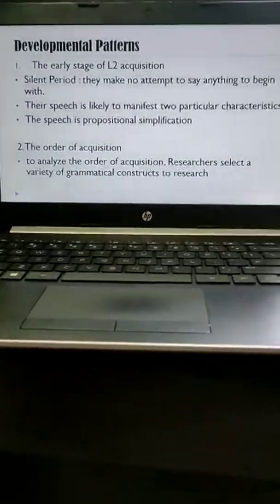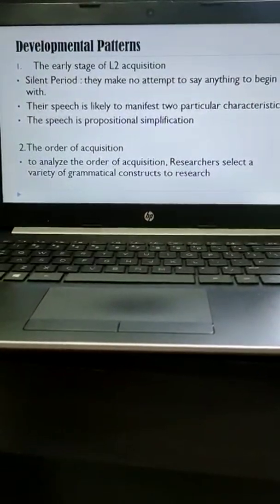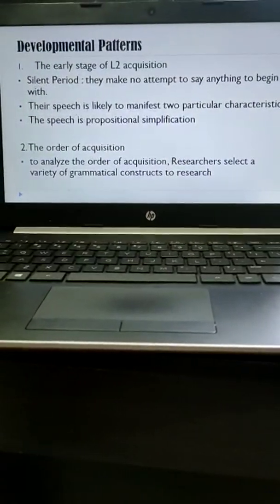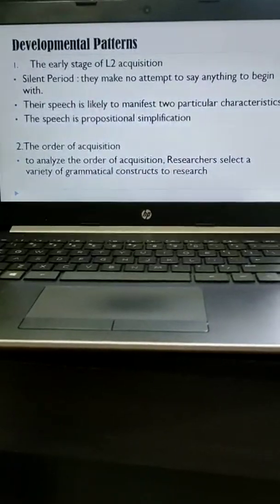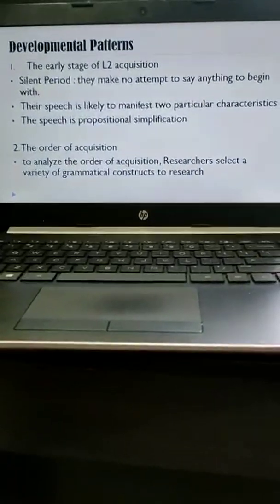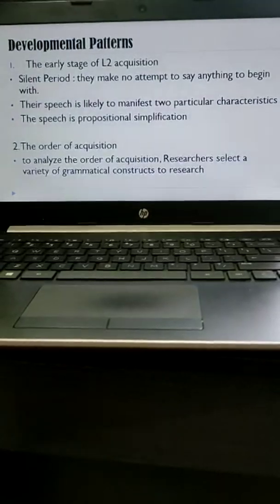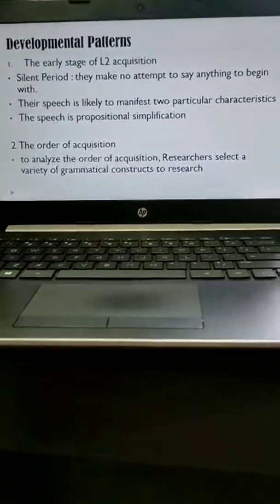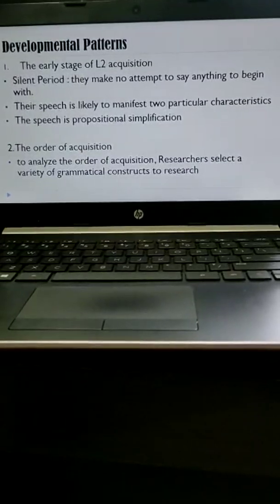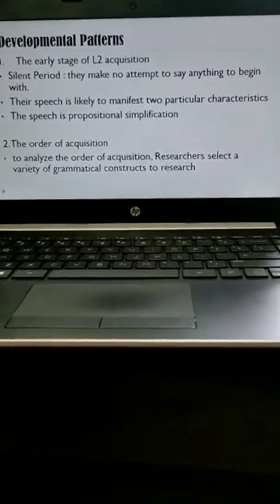Developmental patterns. We have seen that many of the errors that second language learners make are universal. We can also explore the universality of second language acquisition by examining the developmental patterns learners follow.